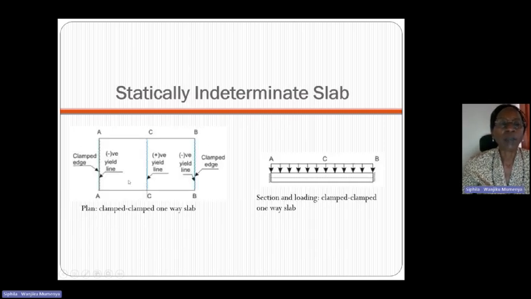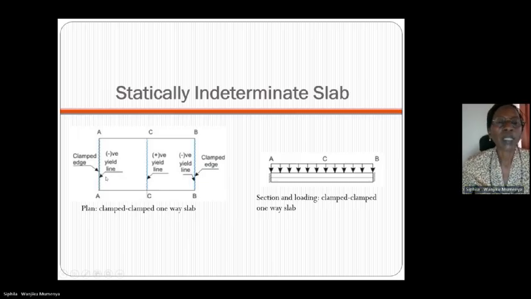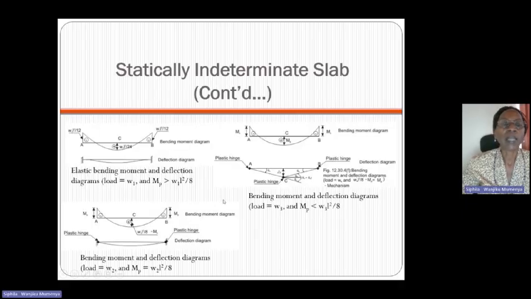For the statically indeterminate slab, you have the yield lines: a positive yield line in the middle and negative yield lines at the supports, at the clamped supports. If this is the section, then it's fixed there, clamped at A and B as shown, and it's a one-way slab. The other diagrams of interest are as the load is increased.